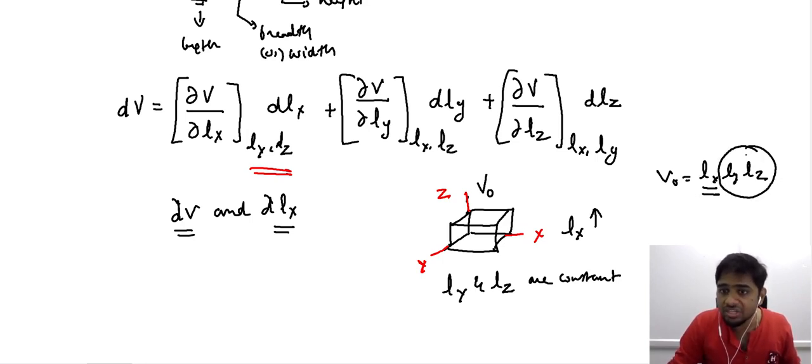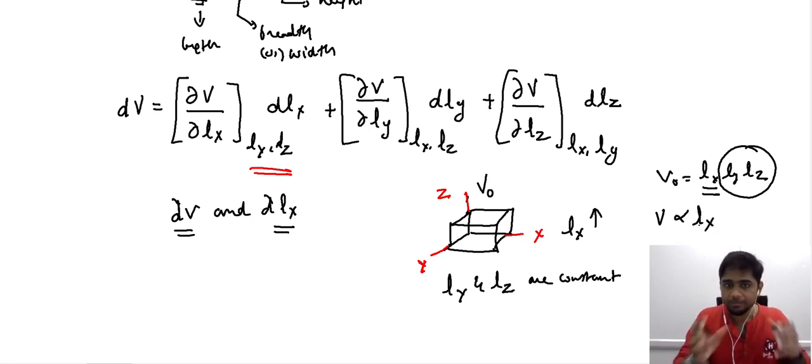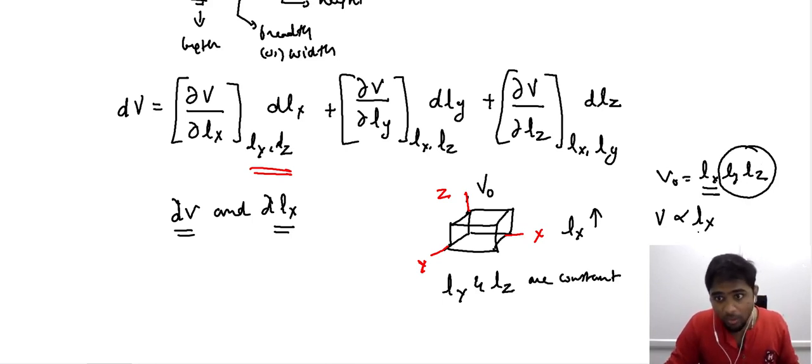So what it essentially means is that the volume of your cuboid is directly proportional to the dimension along the x-axis. Let me repeat: we are considering a simple cuboidal system. We are expressing its volume V naught as the product of Lx, Ly and Lz, so dimension along the three different directions. Now the dimension along two directions are constant, only one is varying.